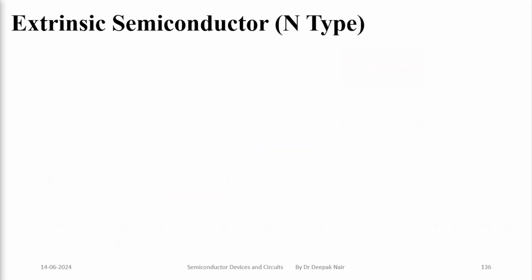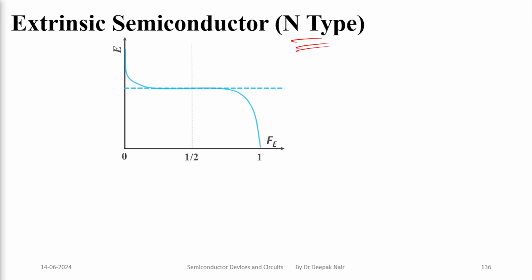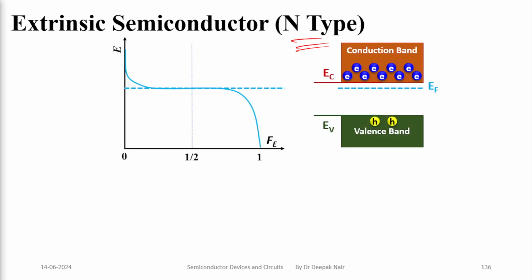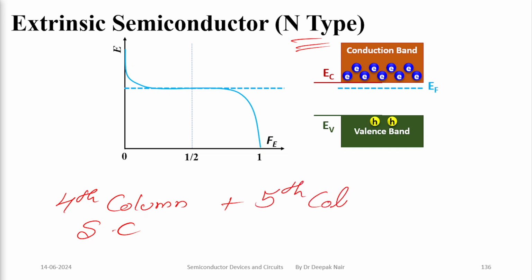Whereas for making an n-type semiconductor, we take the fourth column elements, which are basically pure semiconductors, and we add them with fifth column elements.